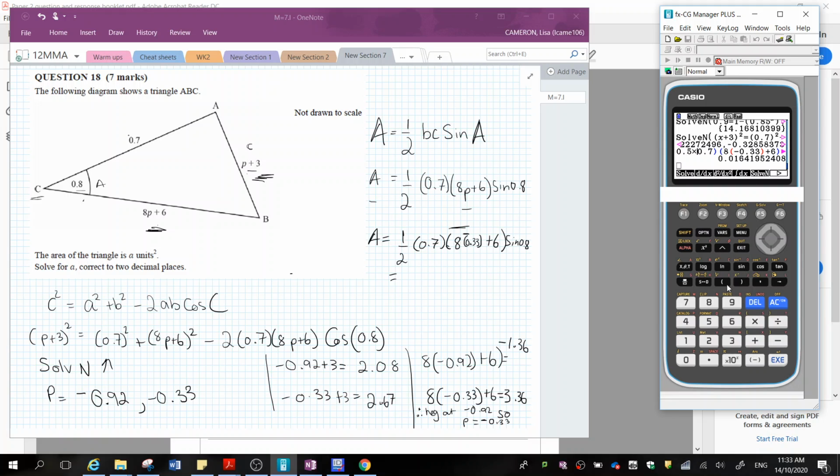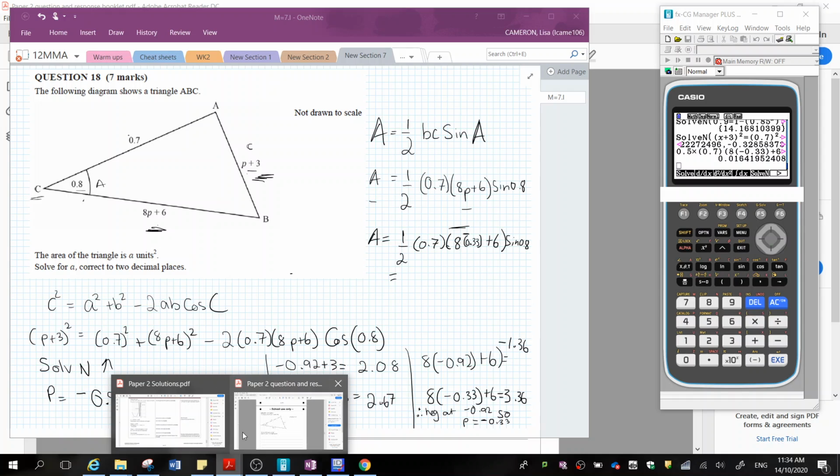Let's just put some brackets in. Sine 0.8. Let's check the formula sheet. Right, that's definitely the correct formula.